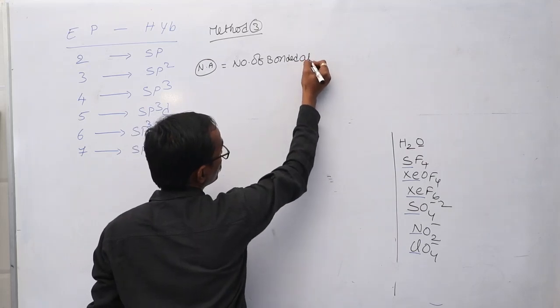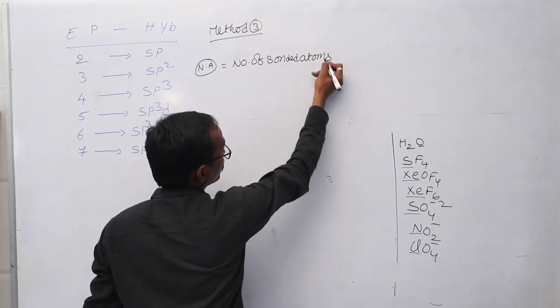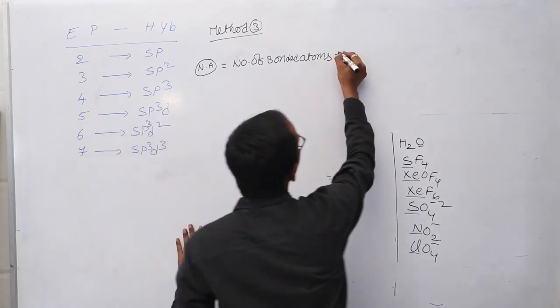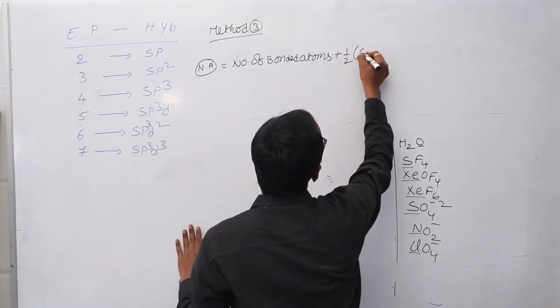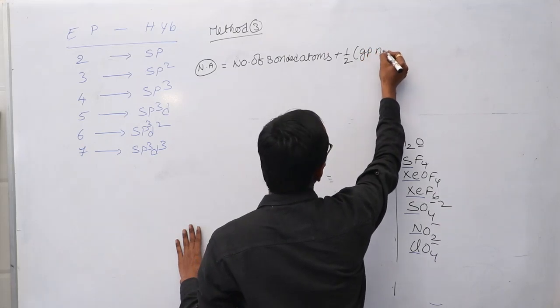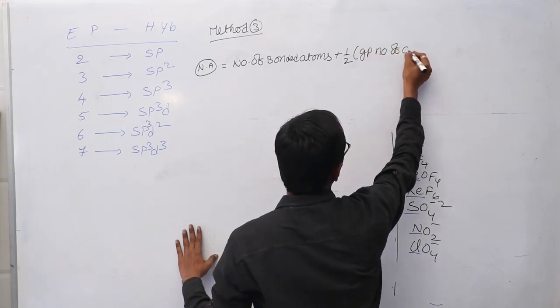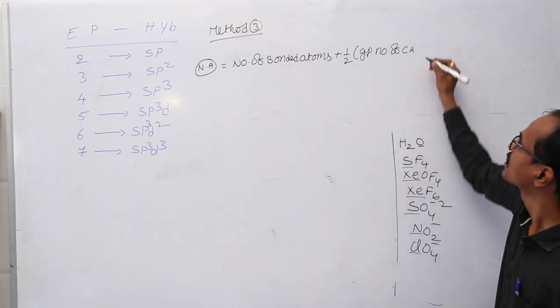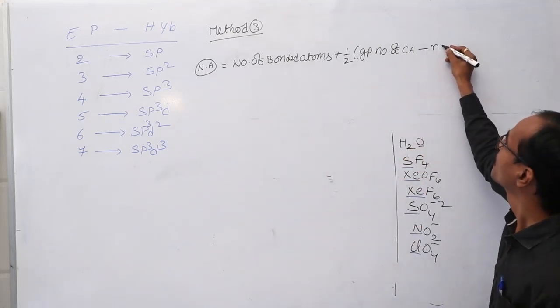It is an easy and important formula. Number of bonded atoms plus half into group number of central atom, minus number of valency electrons involved in the bonding.